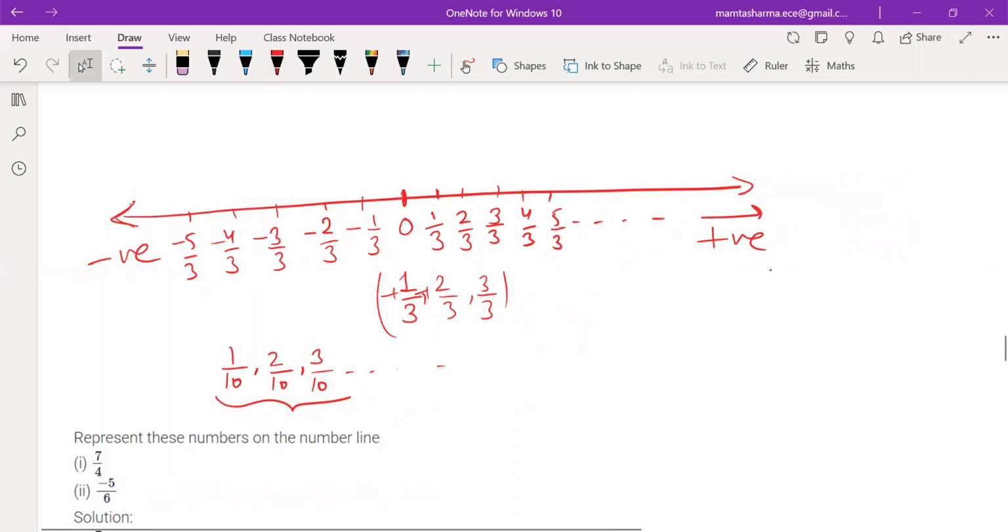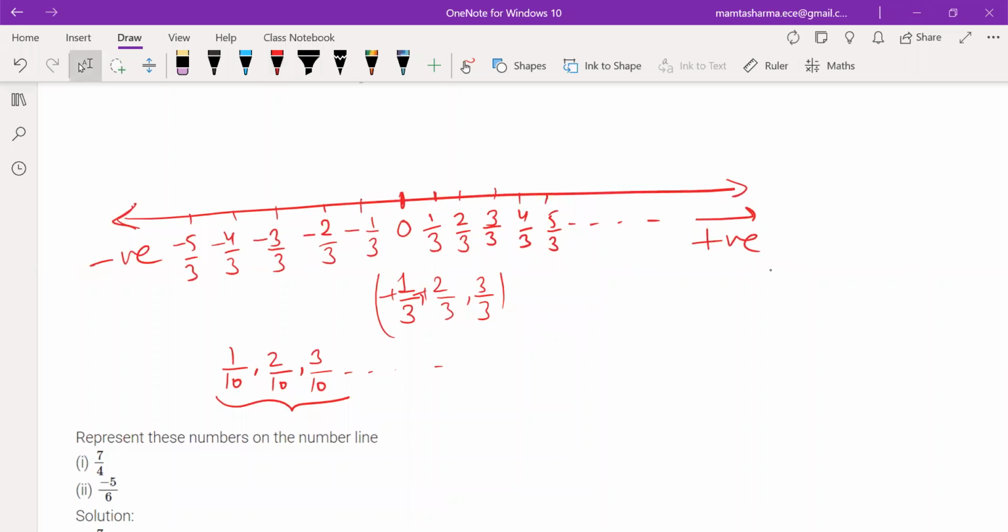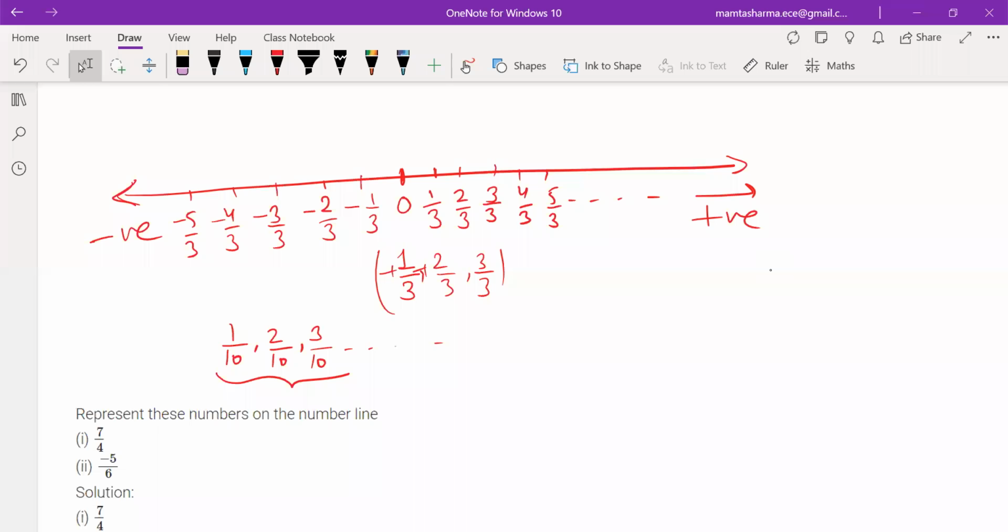For 1 by 10 towards the positive side, we have to go on with 1 by 10, 2 by 10, 3 by 10, and on 1 by 10 we should put a circle, and the same for 2 by 10 and 3 by 10. On the negative side, we can represent minus 1 by 10, minus 2 by 10, minus 3 by 10. This is the rational number representation on a number line.